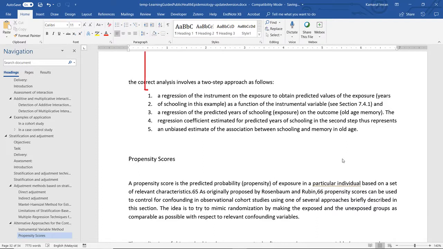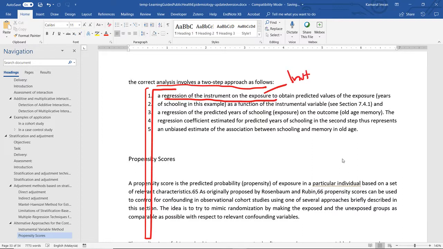So the correct analysis, sorry for that, involves a 2-step approach. Number 1, a regression of the instrument on the exposure. Sorry, this is wrong.